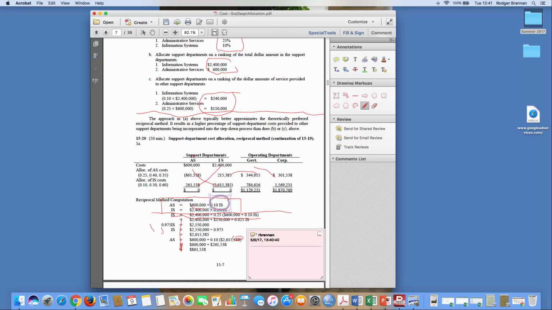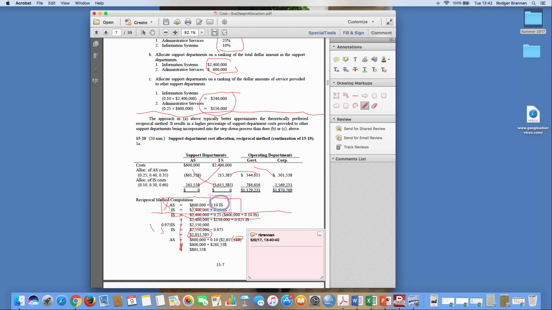Solve for that, and IS ends up being the total cost, the direct plus the part that gets allocated to it, the 2.615 million. Okay, the 2.4 million plus the allocated cost that came to it, a little over 200,000. Then plug that in over here to administrative services. I have it. So in essence, really what you're going to need to know how to do is this thing right here. Set up the equations.